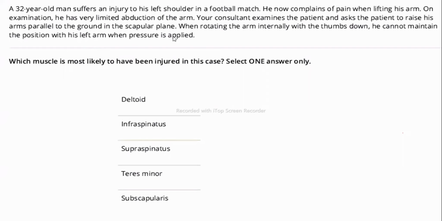What does it mean when pressure is applied? Against resistance. Excellent. You are pushing down. So he cannot maintain this. What is the problem here? Supraspinatus muscle. Is this impingement or tear? Tear. Excellent.